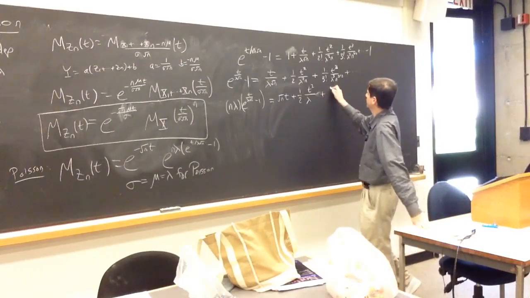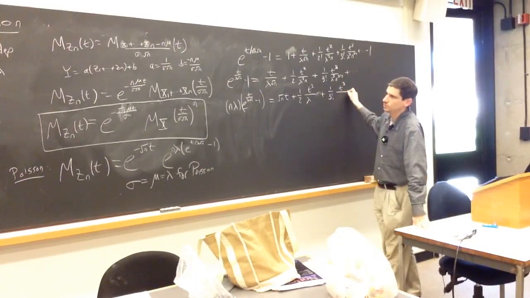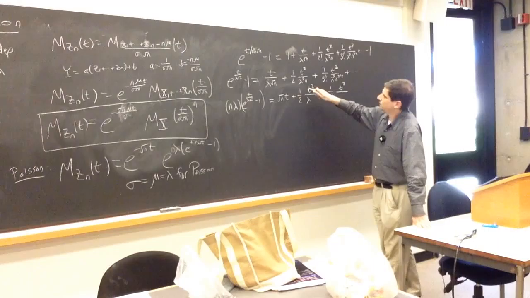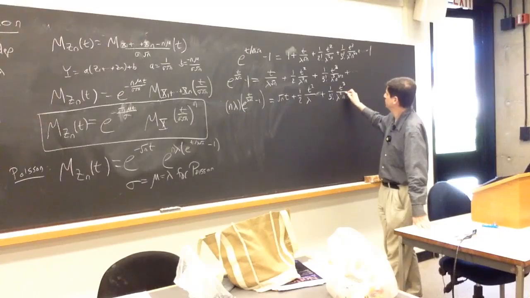The next term will be a 1 over 3 factorial t cubed. Wait a minute. Okay, so now we'll have a lambda squared n to the 1/2, plus dot dot dot.